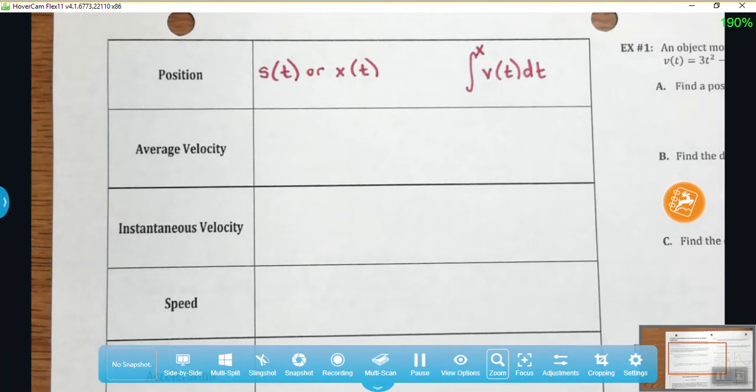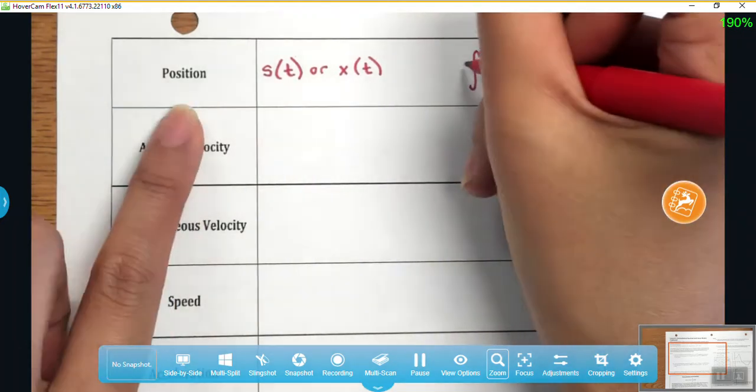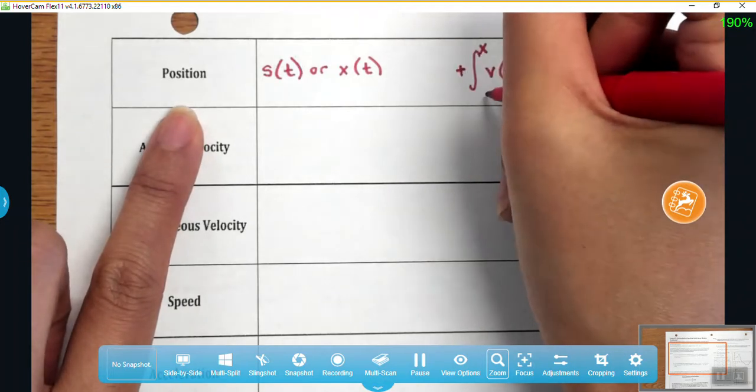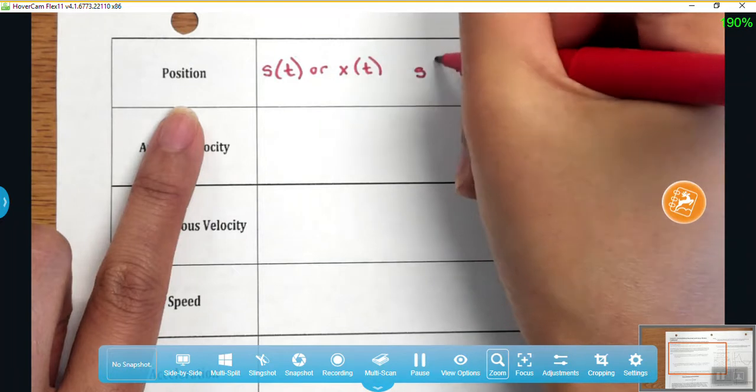So the integral of velocity only gives me total change in position, right? So for position, you have to add in a starting point. So some like S of k.